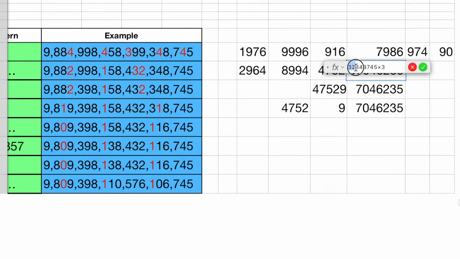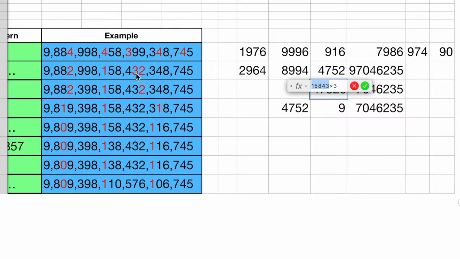So you see the number, and this number is 1584, which is only till here, and this number is splitting at 2. So this part gets 3, 15843, and this part is starting at 2.